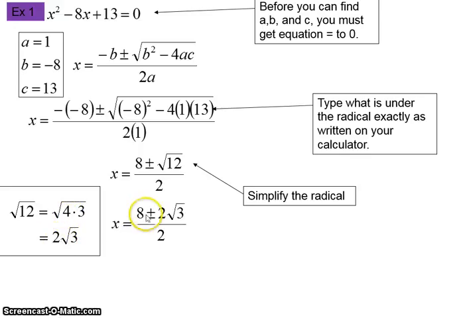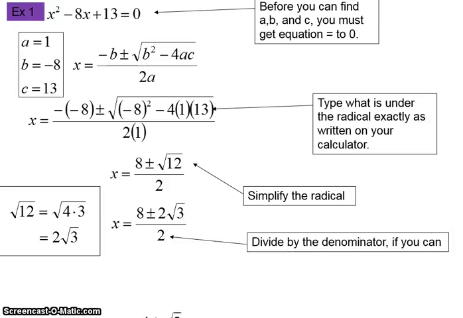So we have x equals 8 plus or minus 2 times the square root of 3, over 2. Notice that we can divide both terms by what's in the denominator, so we have to go a step further. 8 divided by 2 is 4. 2 divided by 2 is 1.